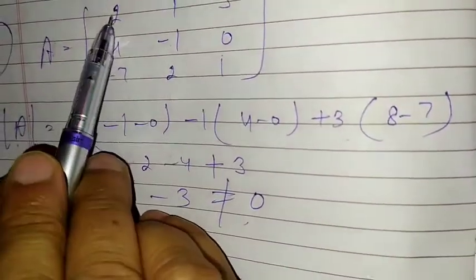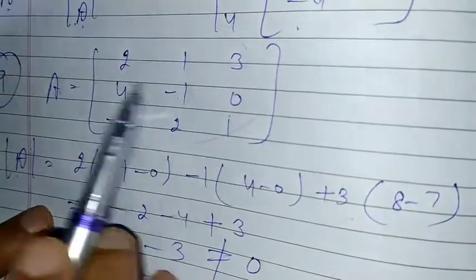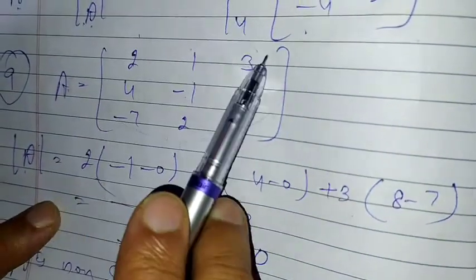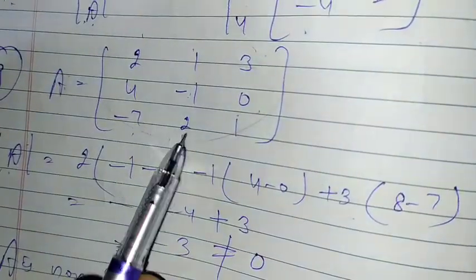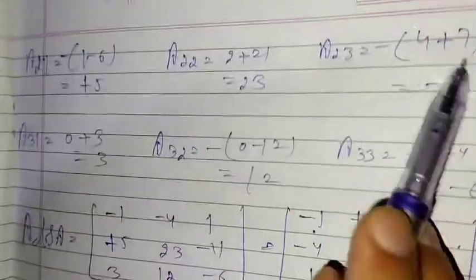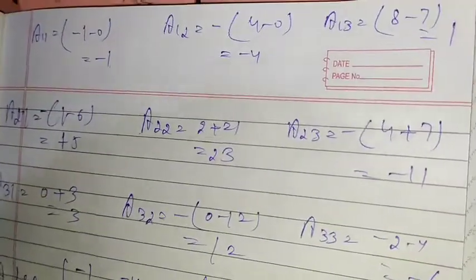Firstly, find the cofactors of all these: A11, A12, A13, A21, A22, A23, A31, A32, A33. We get these cofactors. Now take the transpose of these cofactors.